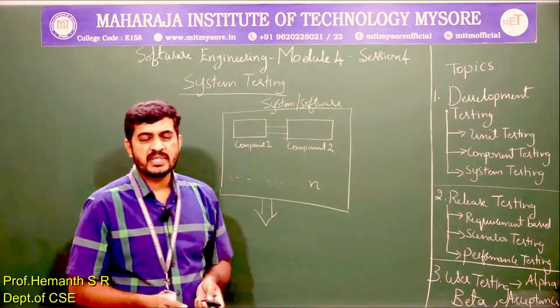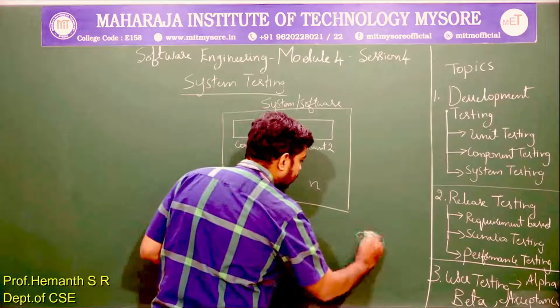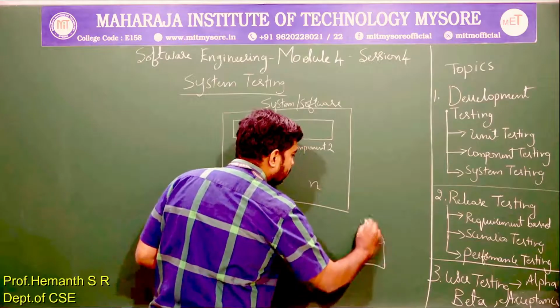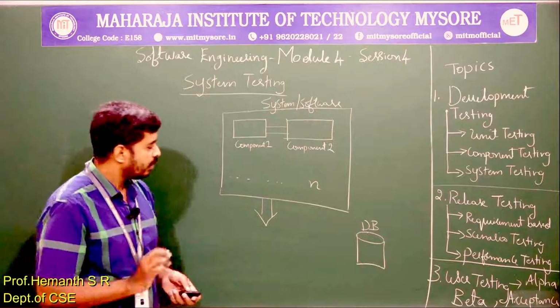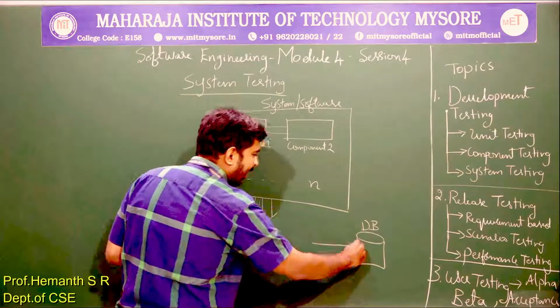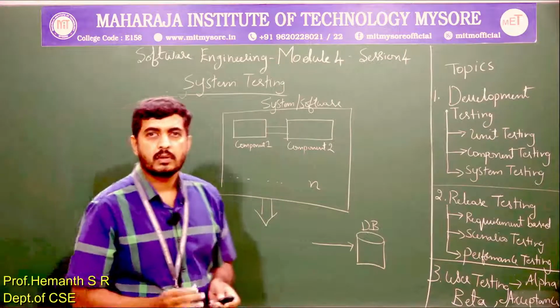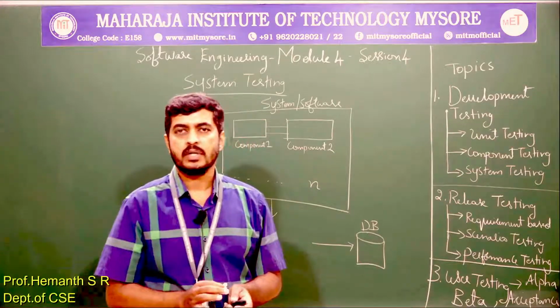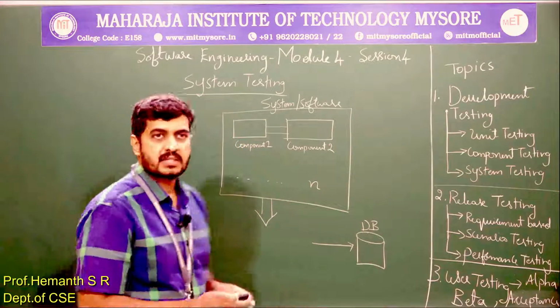I can give you a few examples. For example, consider the database as one component. My database is maybe component number 9. As we are aware, a database cannot be directly accessed by anyone. We need mechanisms to authenticate and verify a user, so only authenticated and verified users can access the database.